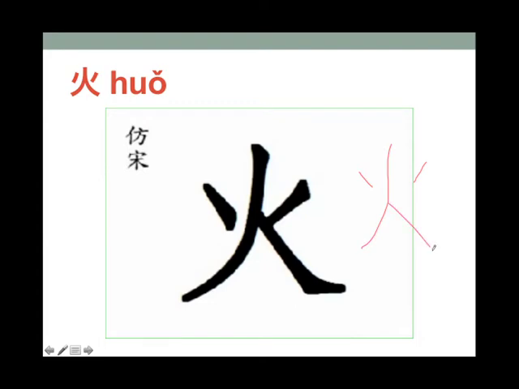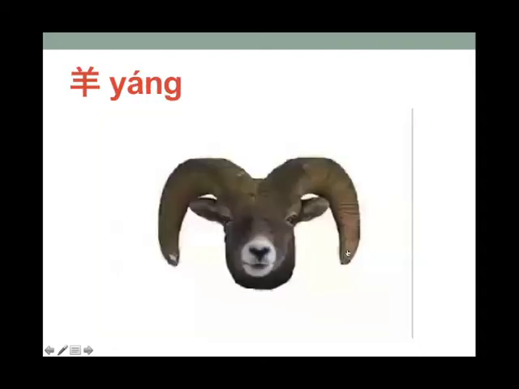So this 火 would be the right or the left-hand side of the character. These are called radicals when you have a pictographic character as a component part of another character. We'll learn about radicals in a moment.